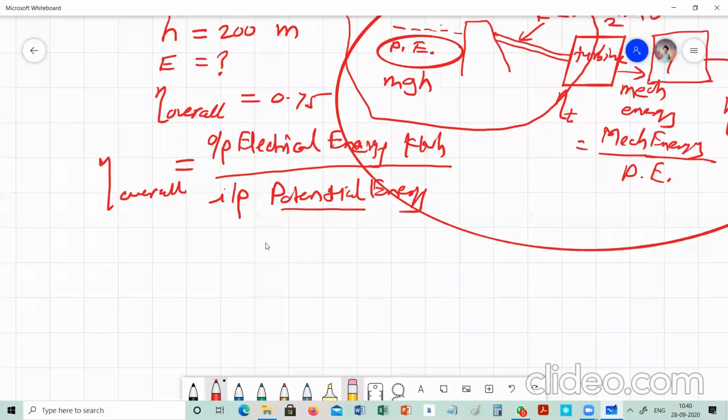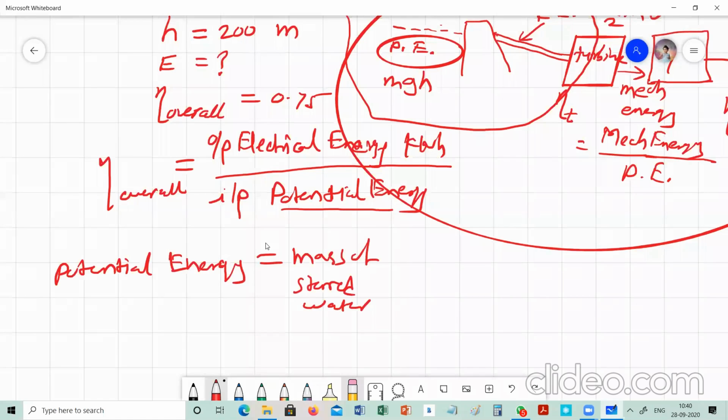The potential energy is equal to mass of reservoir, or mass of stored water, into h, meaning head or height, into acceleration due to gravity, that is g, which is equal to 9.81 meters per second square.